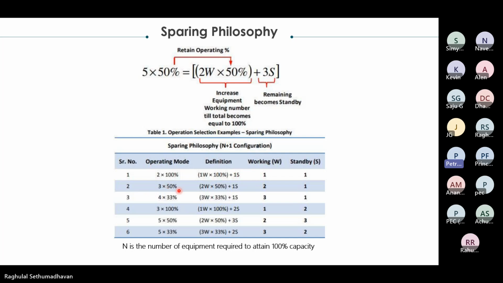Then 3 into 50%: 2 working to make it 100, then the other will be spare. So 2 plus 1. 4 into 33%: that means 3 will be required to make it 100 and 1 will be spare. Similarly, as you see below. I don't have to write it now. I'll share this after the presentation.